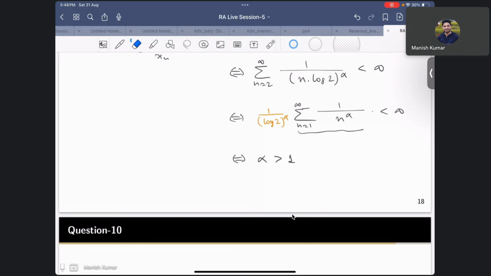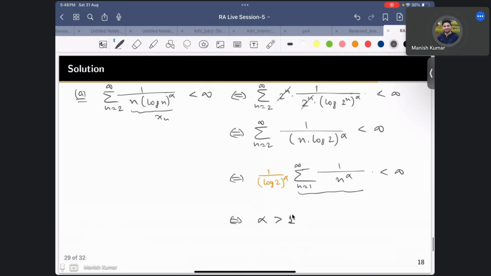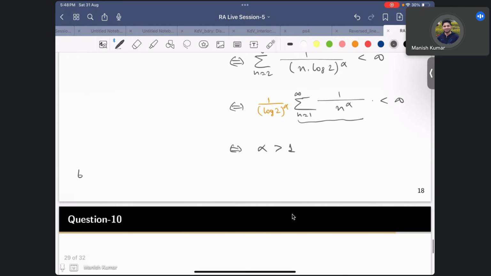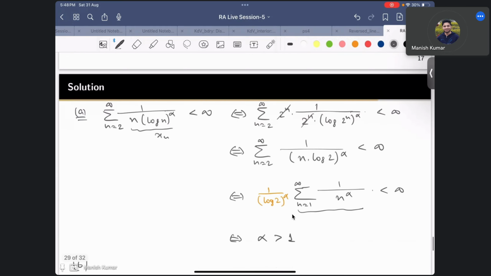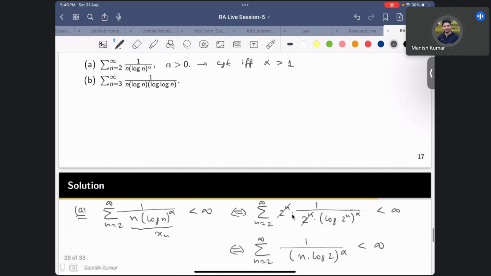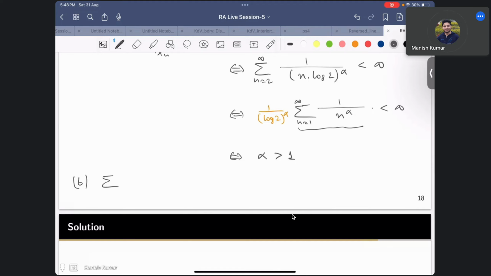Now let's go to the second part. For B, again I'll use the Cauchy condensation test. You have the summation n equals 3 to infinity of 1 by n log n, and then log of log n.